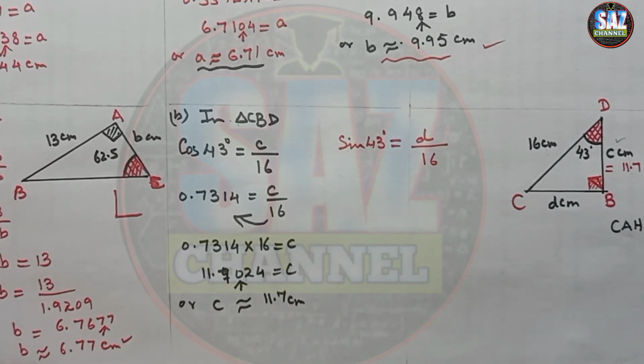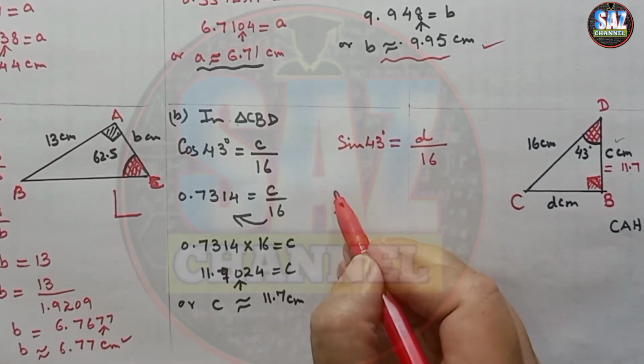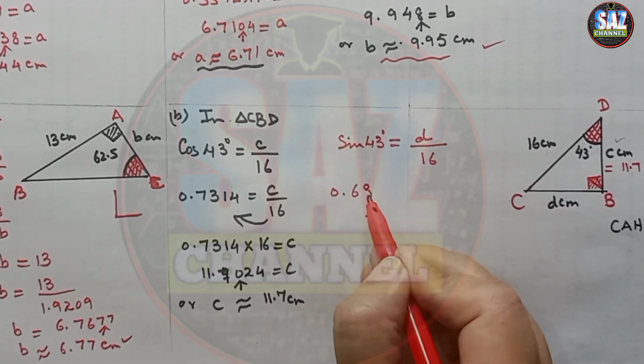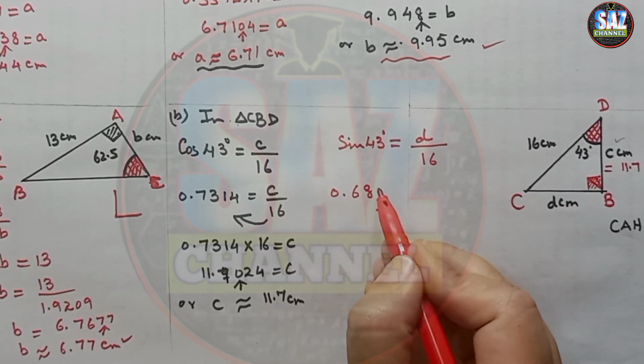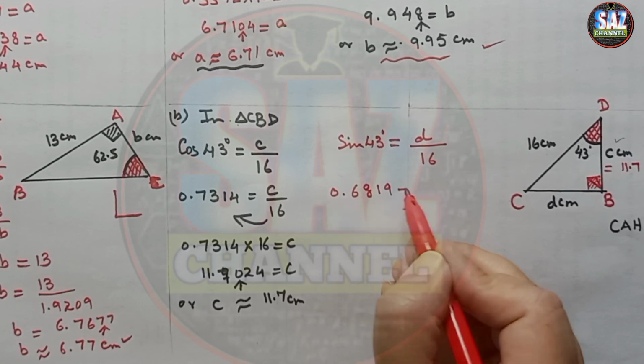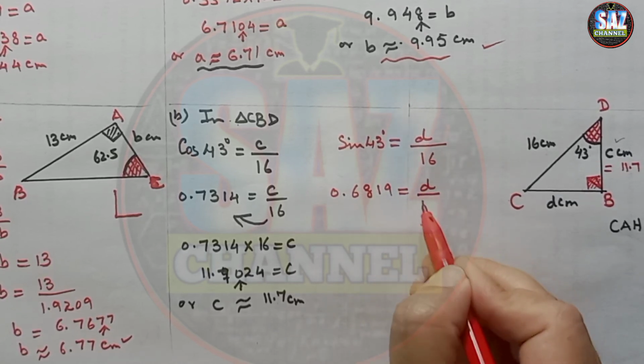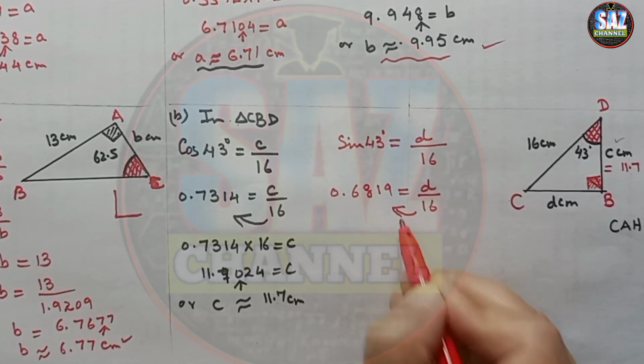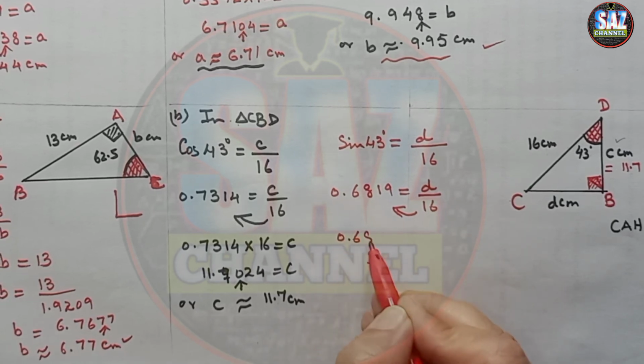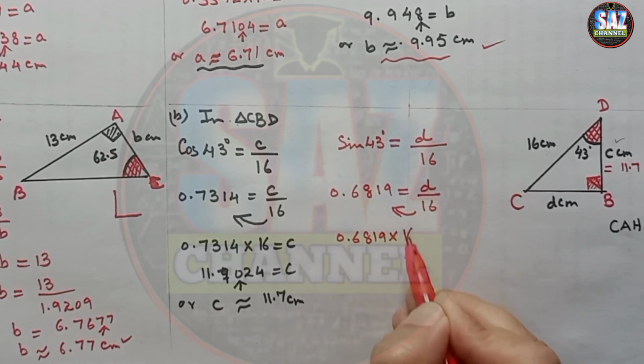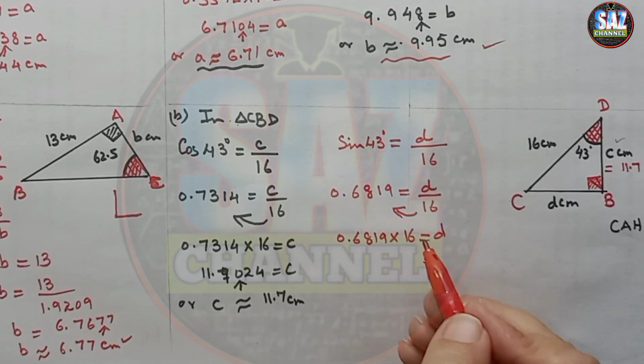Check the value of sine 43 degrees, and this gives me 0.6819 equals D upon 16. Go for cross multiplication. 0.6819 multiplied by 16 equals D.